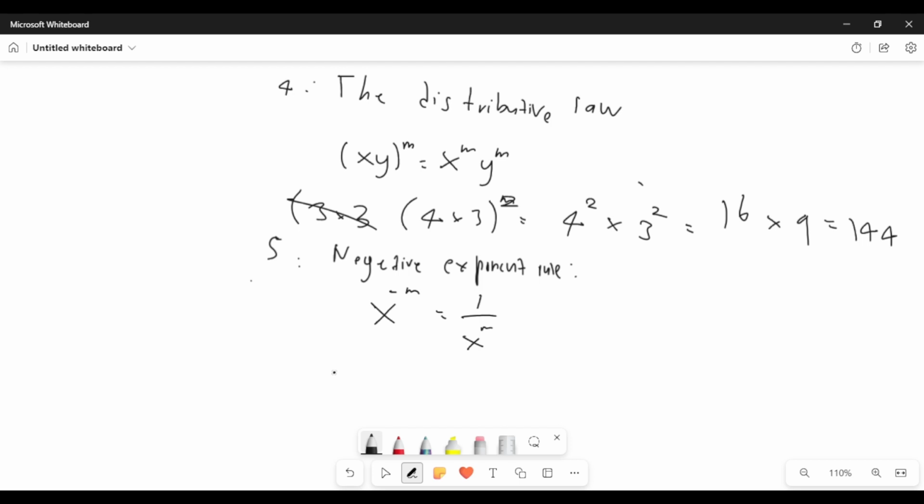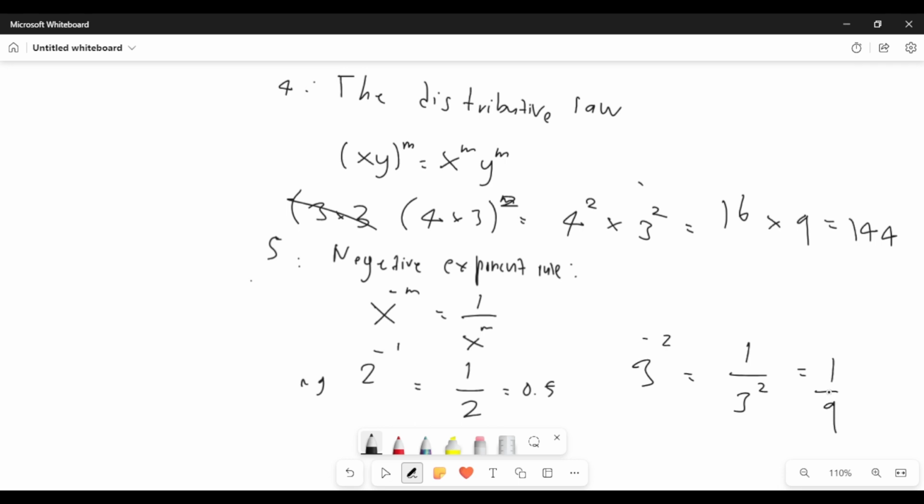So for example, when we have the number 2 raised to the negative 1, this refers to 1 over 2, or also 0.5. Let's take another example, 3 to the power of negative 2. This is actually equal to 1 over 3 squared, so it is 1 over 9.